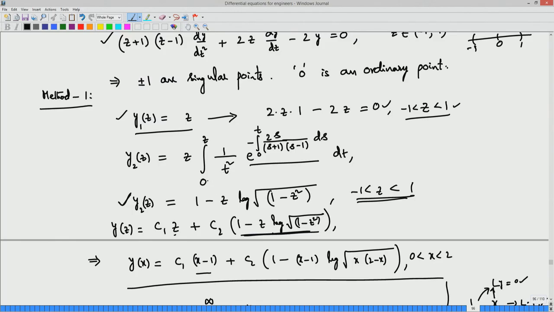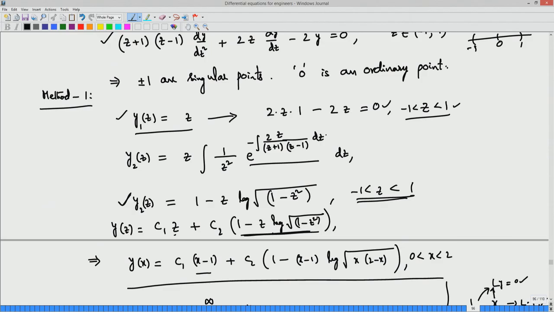If you do it without definite integration, that is, if you do the indefinite integration, you simply have d square dz. You do everything as indefinite integration, so that you have z plus 1, z minus 1 into dz.